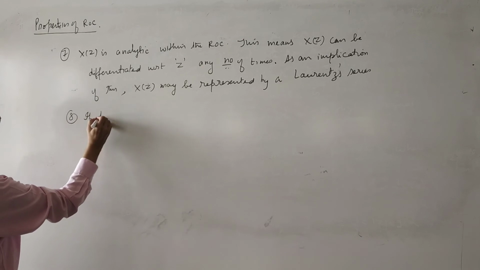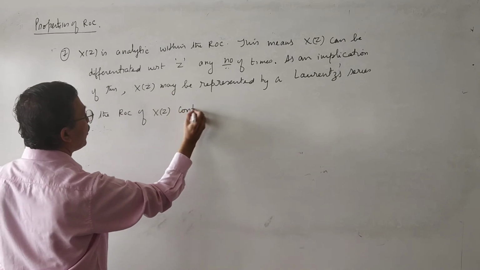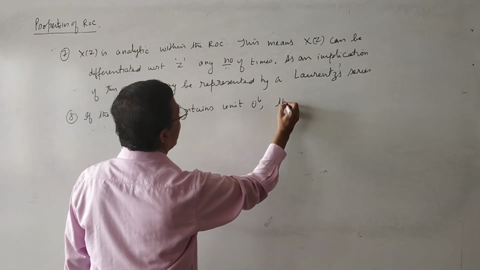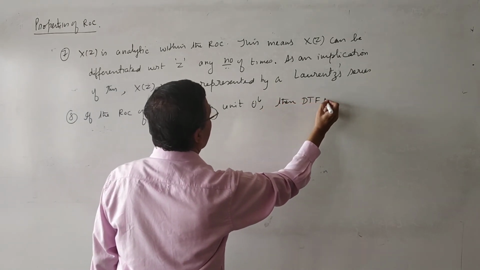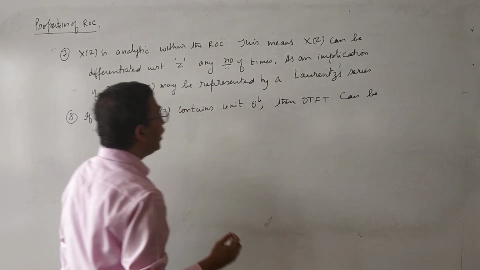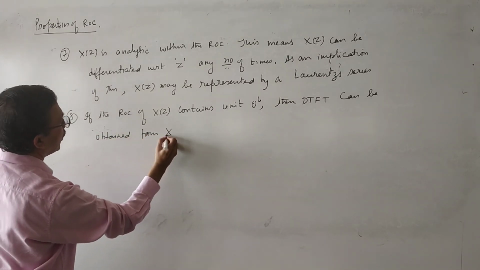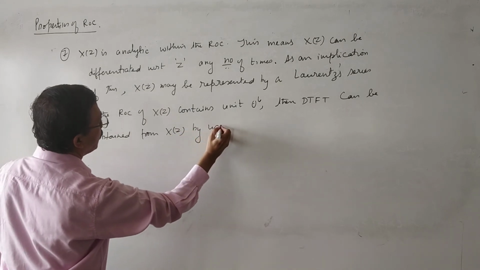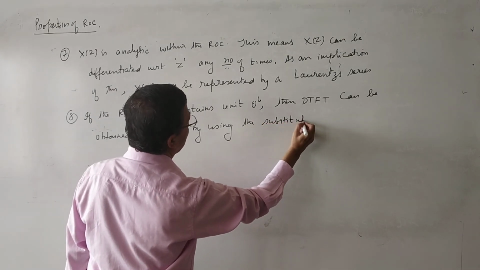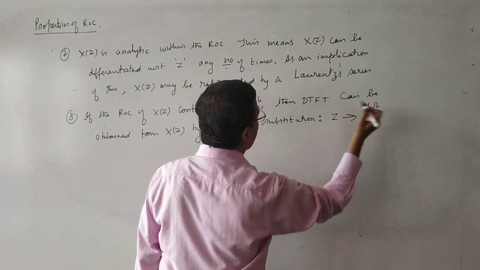If the ROC of x of z contains the unit circle, then the DTFT, the discrete time Fourier transform, can be obtained from x of z by using the substitution z replaced by e power j omega.